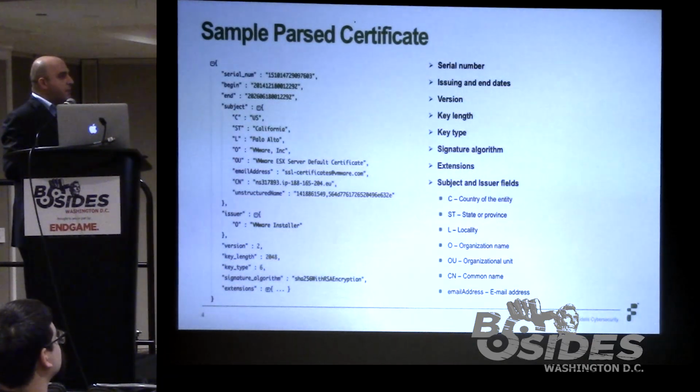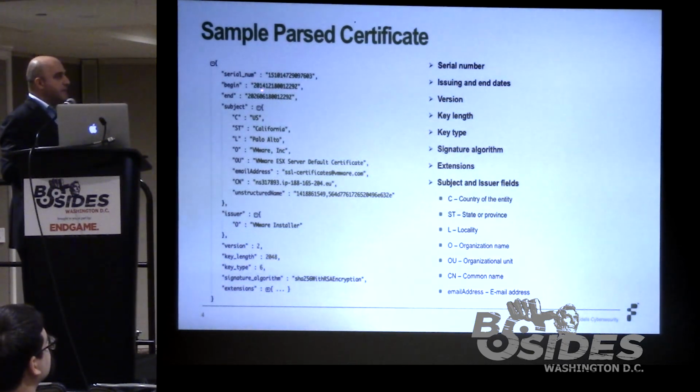If we look at a sample parsed cert, some of the fields there: serial number, begin date, which is the issuing date, in this case 2014, end date, meaning expiry date, in this case 2026. Subject fields include the country, US, the state, locality, organization name, email address, common name, and in this case, there is some unstructured name there.